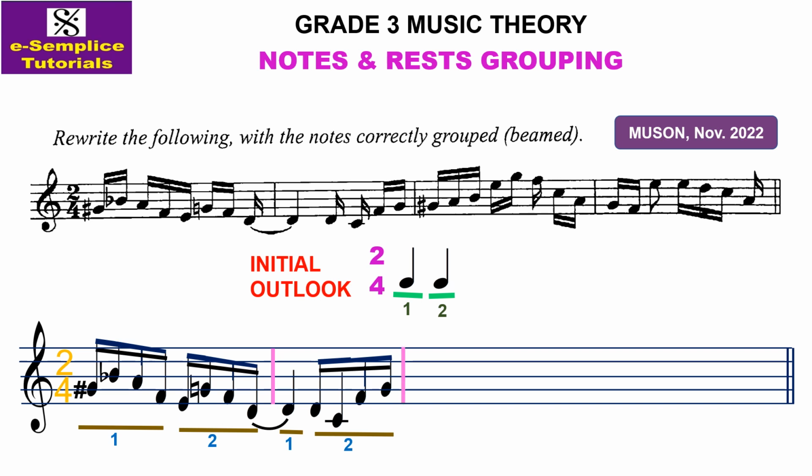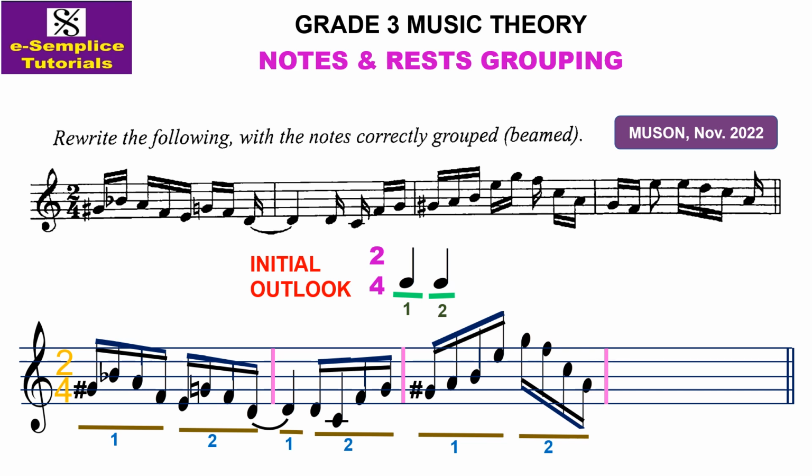Bar line, next bar, beat 1, that's a crotchet. Beat 2 should form another crotchet. That's another crotchet.